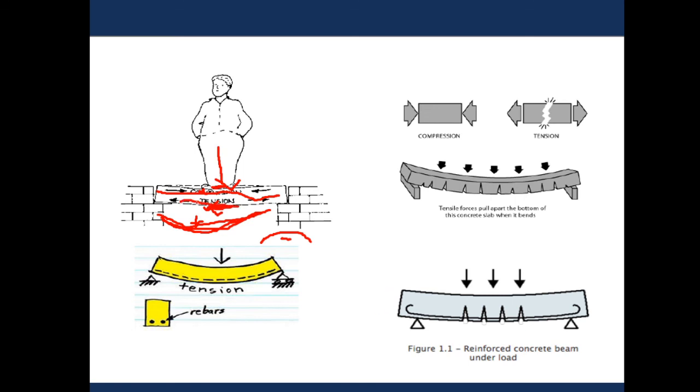Here, as the tension develops in the bottom fiber, we need to provide steel rebar or steel reinforcement in the bottom portion of the beam. And as we have seen that compression develops in the top fiber, we don't provide any steel or reinforcement in the top fiber. We know that concrete is capable enough to carry compression.